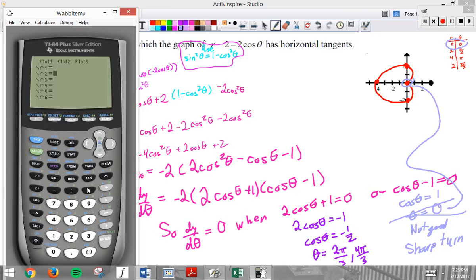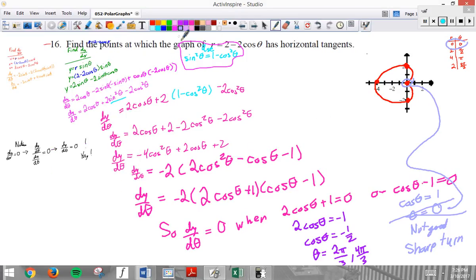Clear those out. 2 minus 2 cos theta. Graph. Oh, yeah, see, it's flatter further out. I misdrew it. It's flatter over here. That's why it looks kind of flat here. Just picture it over there. I am done with this. Well, let's leave it out for one more, just in case I accidentally use it.